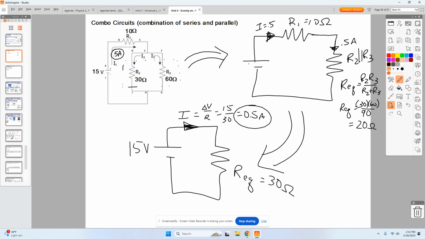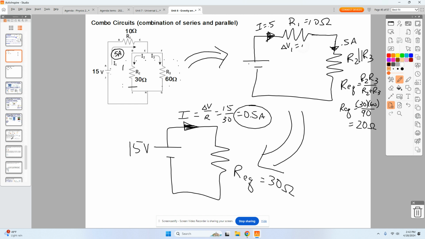So what I'm doing now, once I go through and I do this, I'm going to start working backwards. I'm going to go this way to determine what these values are across everything until I finally get back to my original circuit. Could you guys tell me what is the voltage drop across R1? Half an amp, it's 10 ohms. What's delta V?